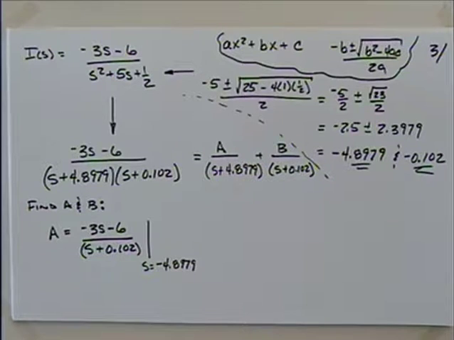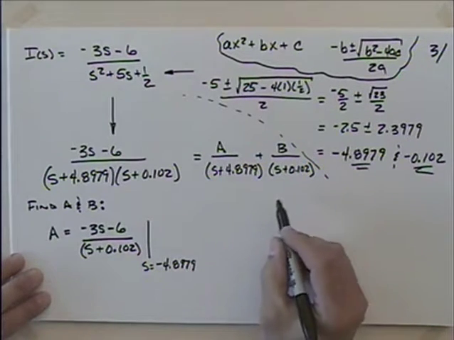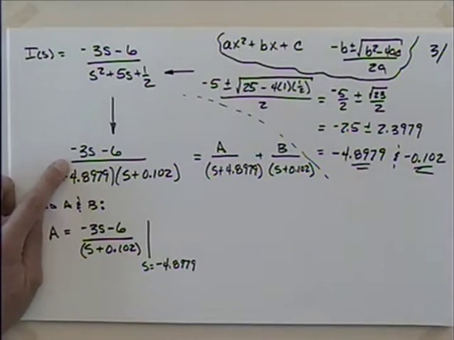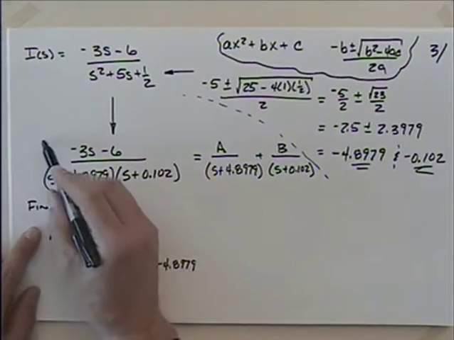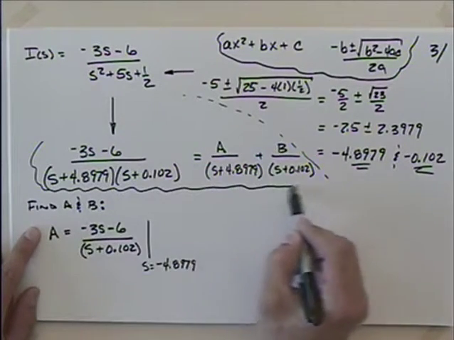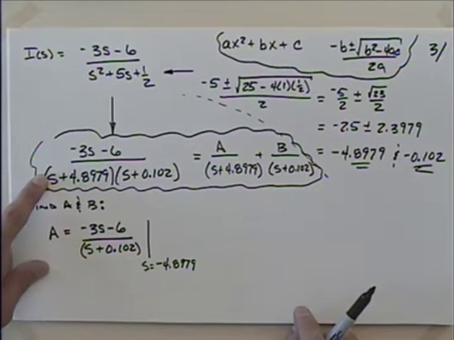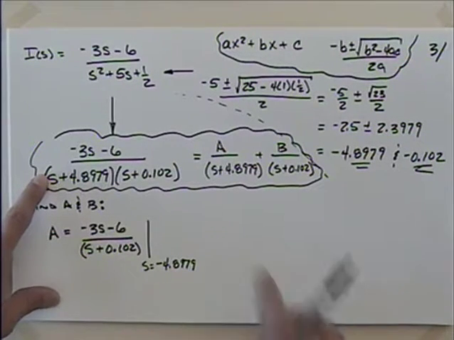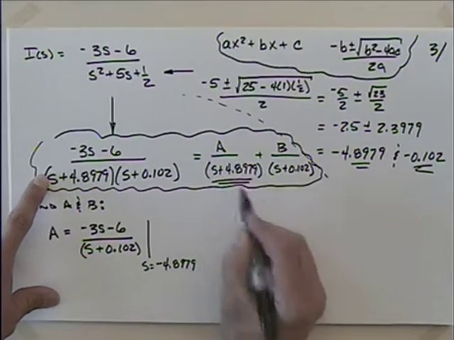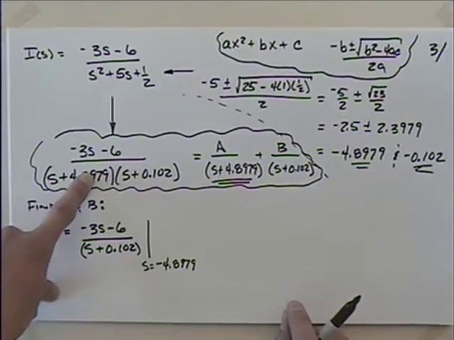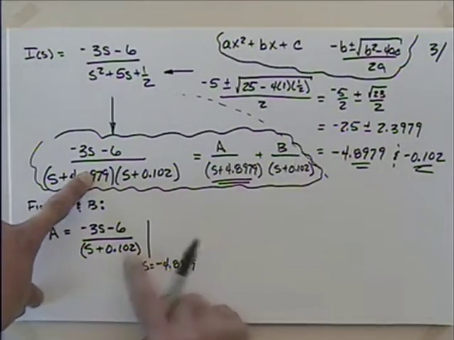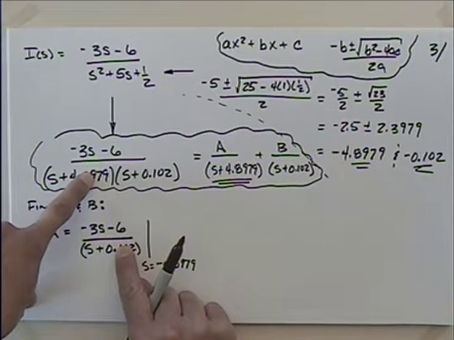Well, I guess maybe I need to take a little more time here and go through this. What I did is I took this equation here, and multiplied both sides by this term right here. Okay? So that's why I'm saying that A is equal to this.